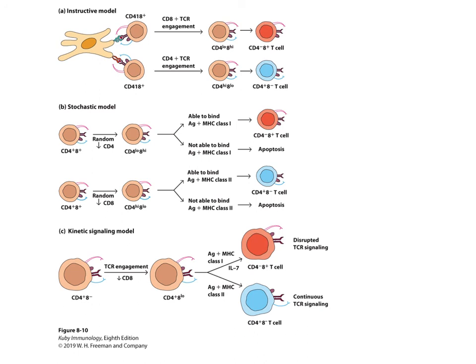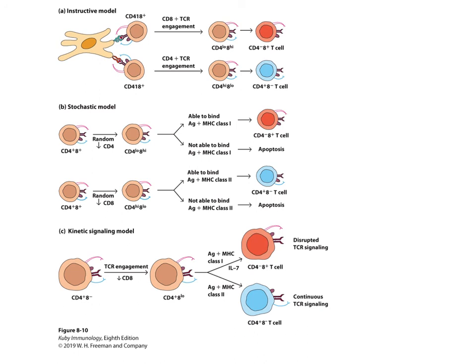And if the correct co-receptors aren't actually expressed, then that induces the cell to go into apoptosis. So remember, we have these co-receptors that also have to be expressed. If you have randomly selected CD4, but you're expressing the co-receptors for CD8, then you would go into apoptosis, as such as the inverse would go.